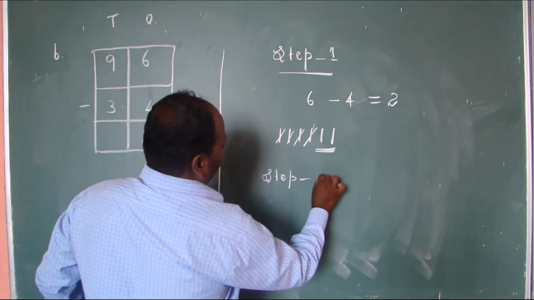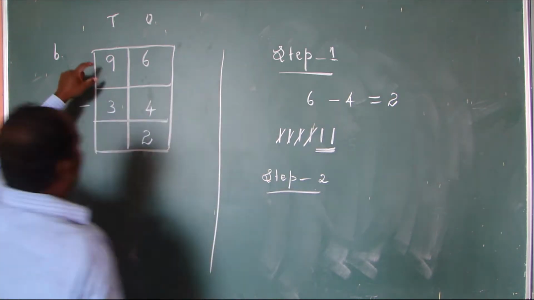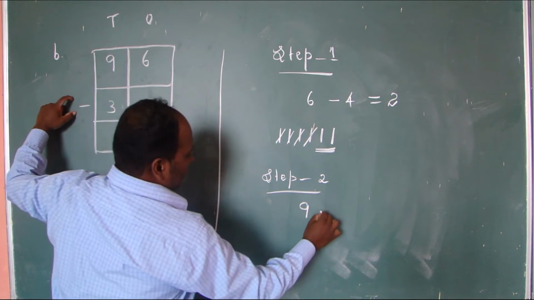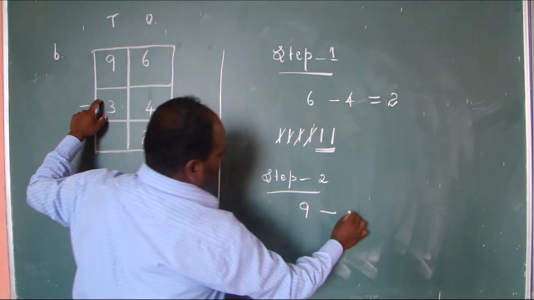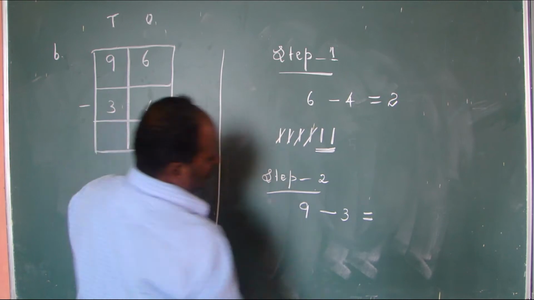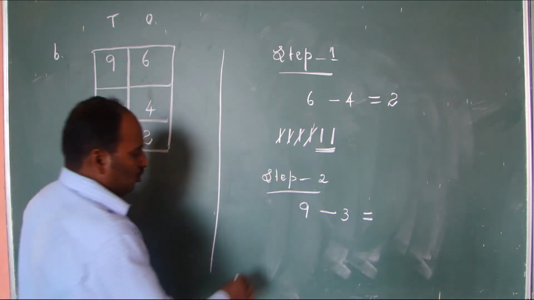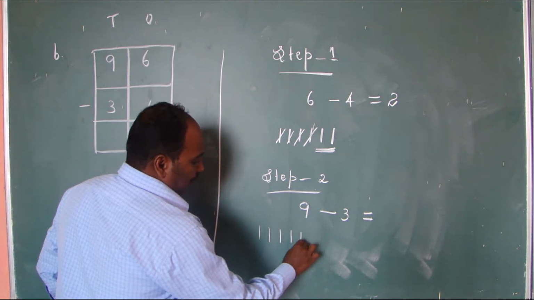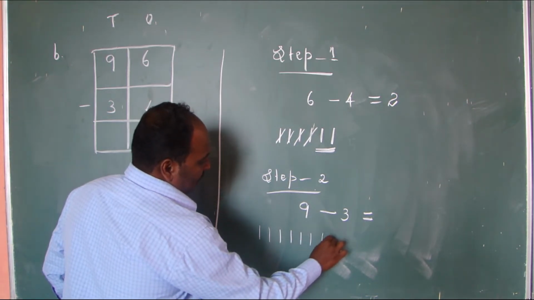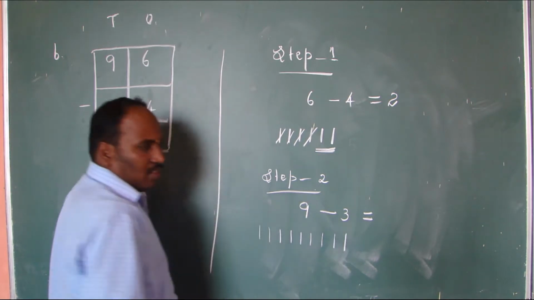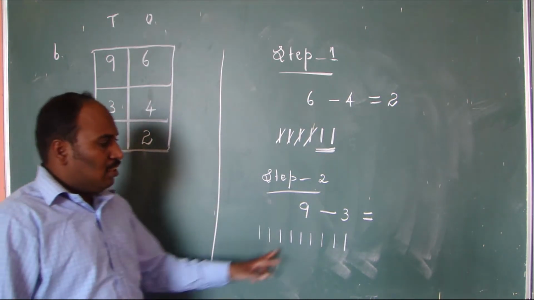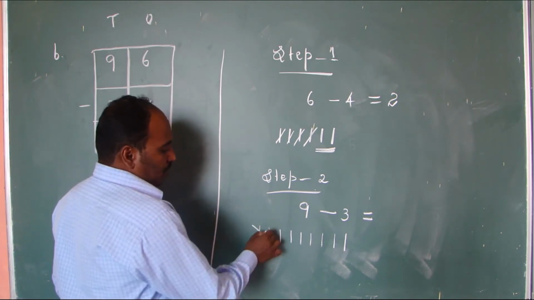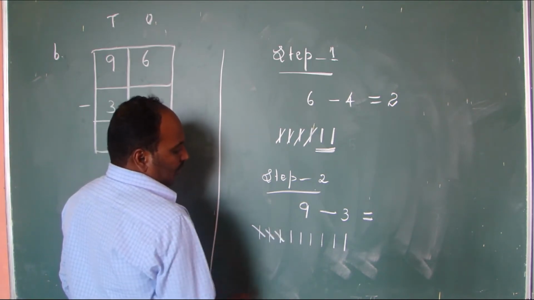Step 2. First one, 9 tens minus 3 tens is equal to 9 minus 3. We draw the 9 sticks, minus 3. 1, 2, 3.